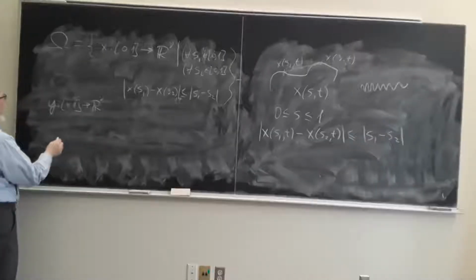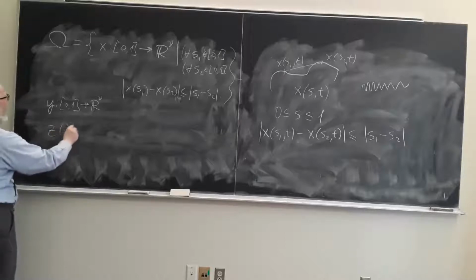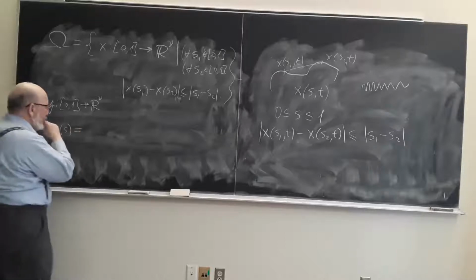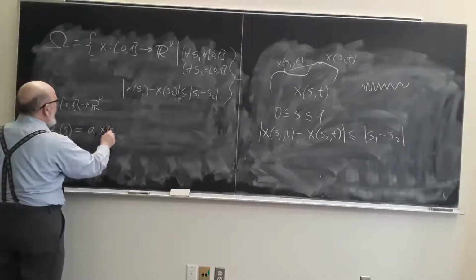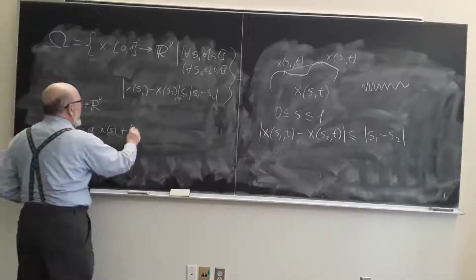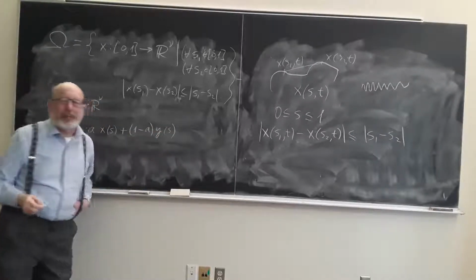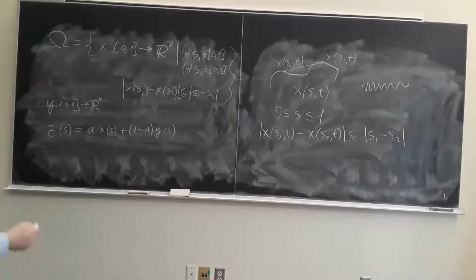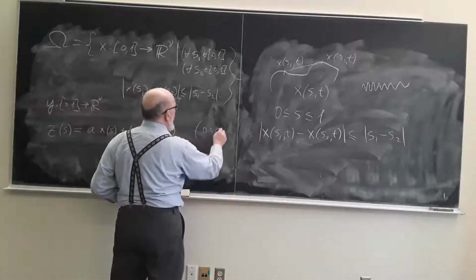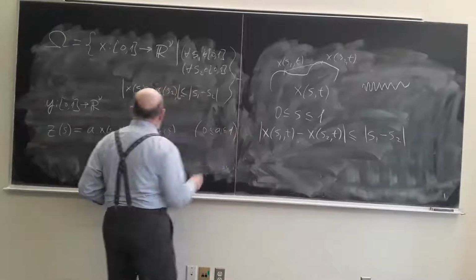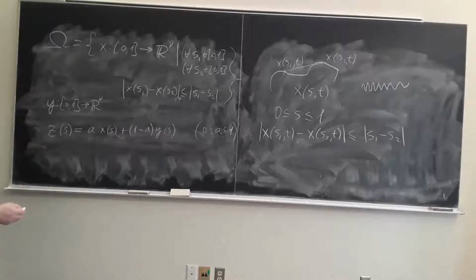And now let us take z of s equals a x of s plus 1 minus a times y of s, where a is between 0 and 1. So this is a convex combination of x of s and y of s.